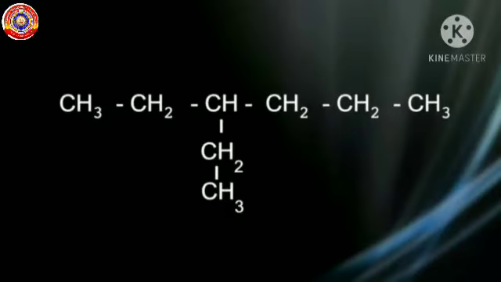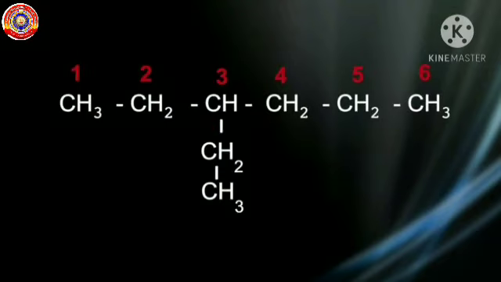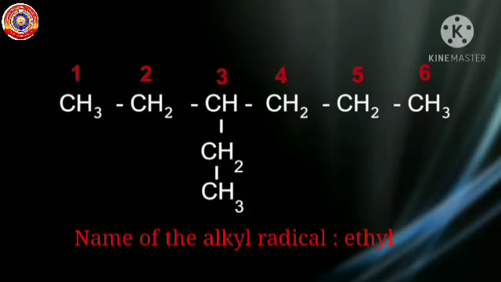Consider another example. How many carbon atoms are there in the main chain? Shall we number this chain? Yes, it is 6 carbon atoms. What is the alkyl radical coming as branch? Here you can see that there are 2 carbon atoms. Therefore, the name of the alkyl radical is ethyl.